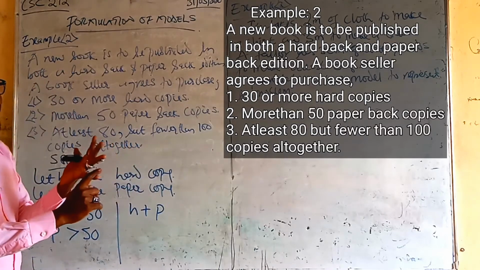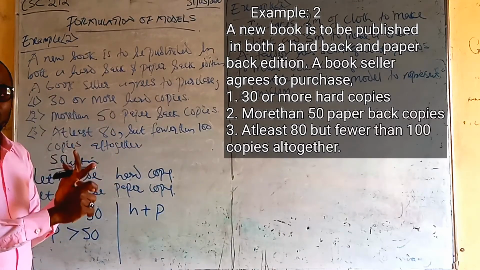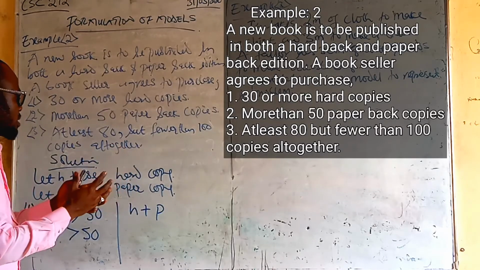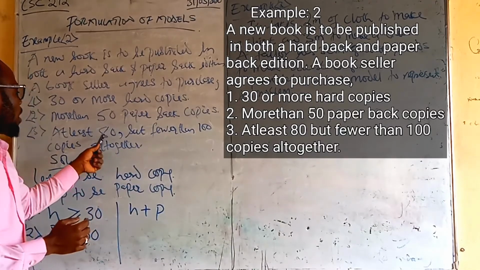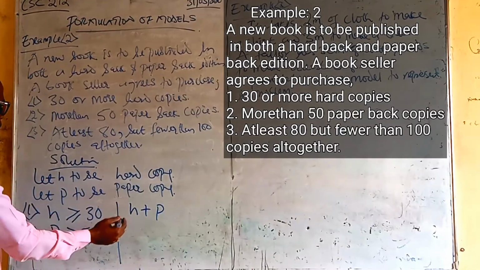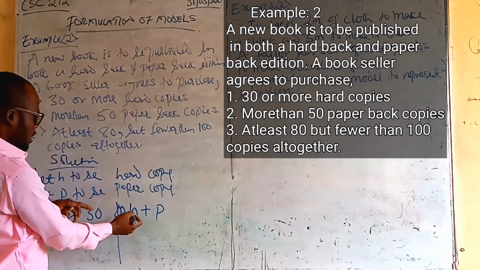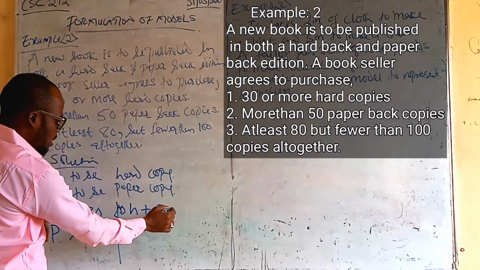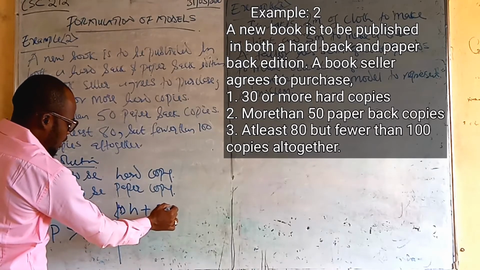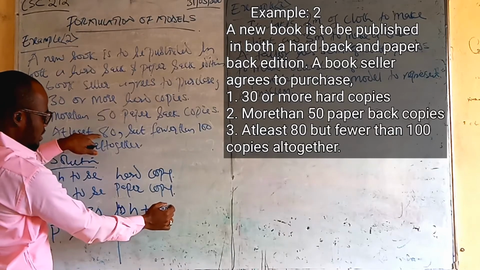That is the combination of both paper and hard copies that is going to be purchased, but it must be fewer than 100, though it is required to purchase 80. So here in number three, we say hard copy plus paper copy will be equal to at least 80.